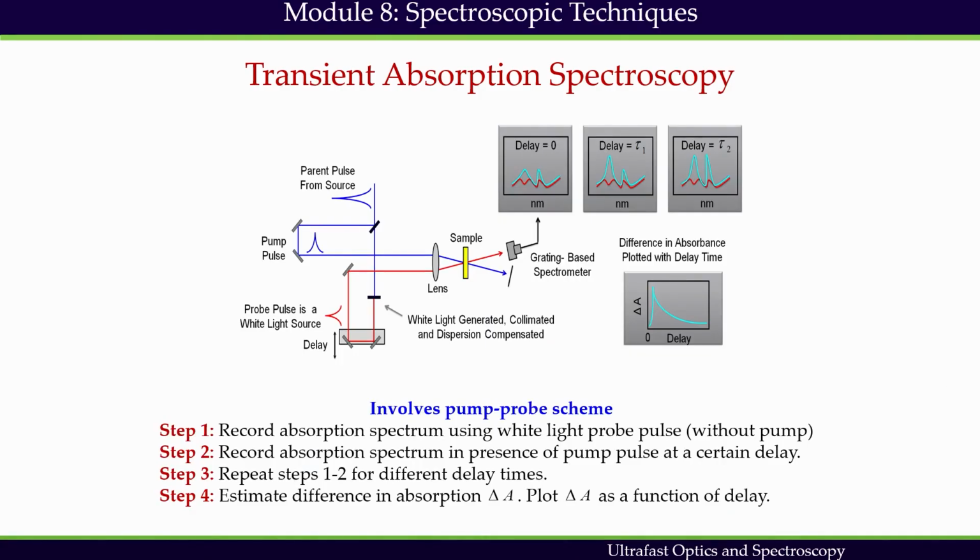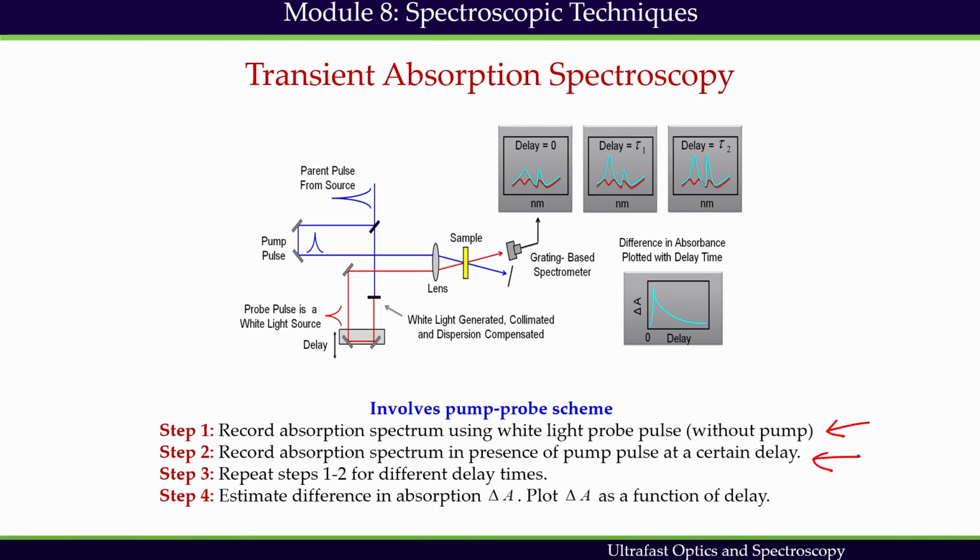In this technique, first we have to record the absorption spectrum using a white light probe pulse without the pump. Then we have to record the absorption spectrum of the sample using the white light probe pulse in the presence of the excitation pulse. This is recorded at a certain delay time between pump and probe pulses.